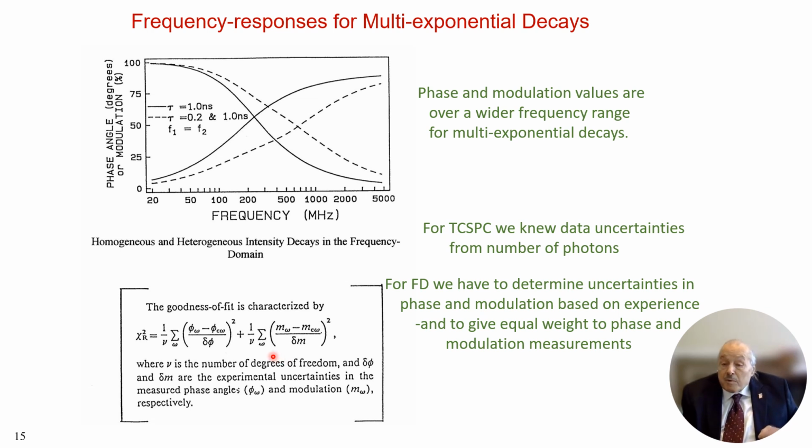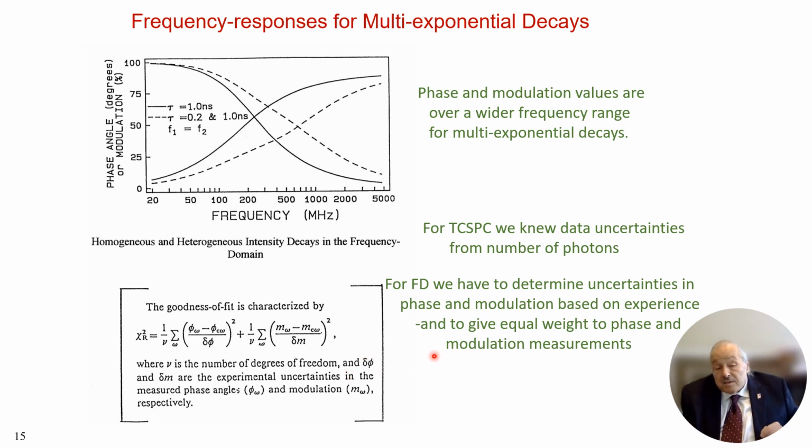You might remember we only had one thing: the difference in the number of counts in the photon counting method. Here we have two terms in the chi-squared: the difference between the measured and the calculated phase angle, and the difference between the measured and the calculated modulation, and then we have the standard deviations on the bottom.